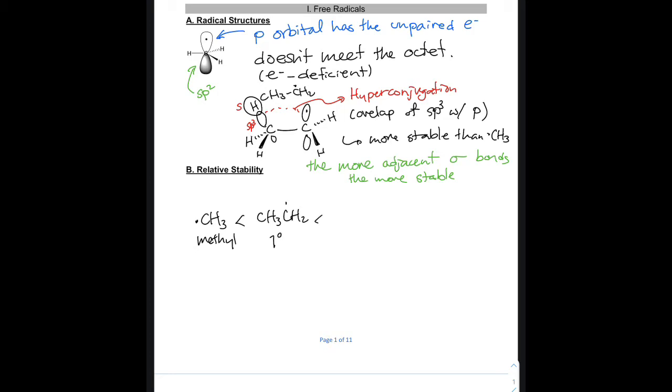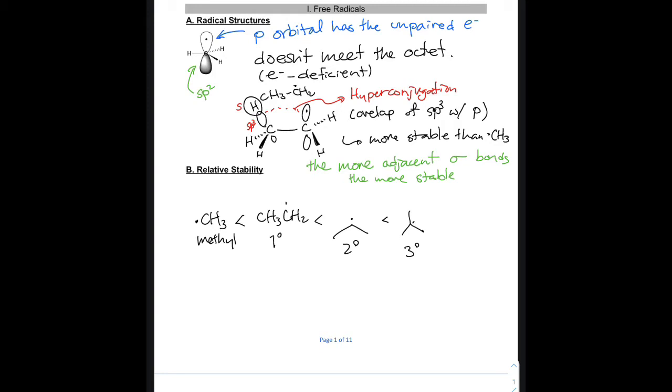And if you have a secondary radical, there's more hyperconjugation, with the two alkyl groups flanking the radical carbon, which is still not as good as a tertiary radical. And by now you might recognize the trend, that this is basically the same stability trend as the carbocations that we've seen.